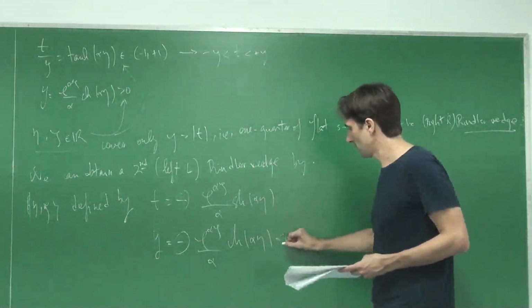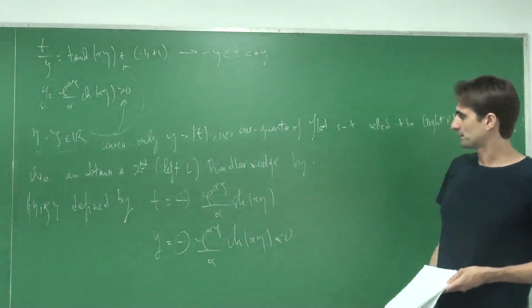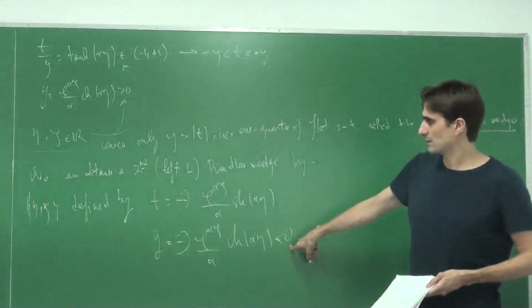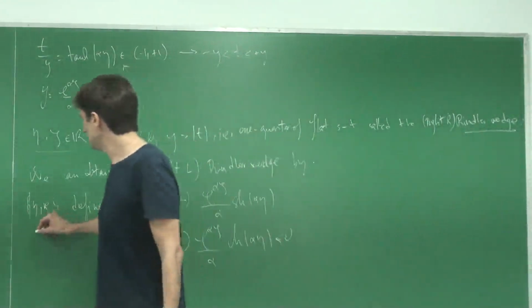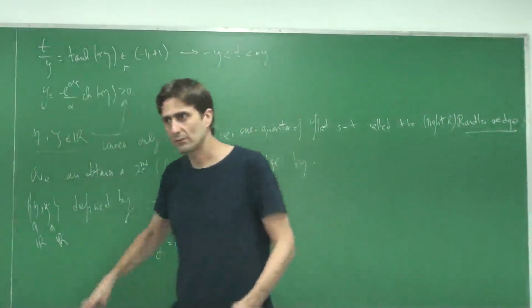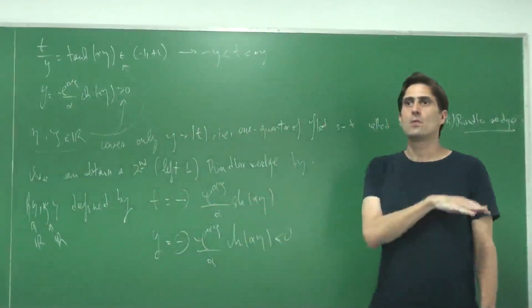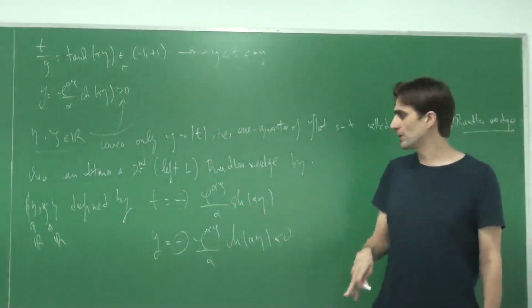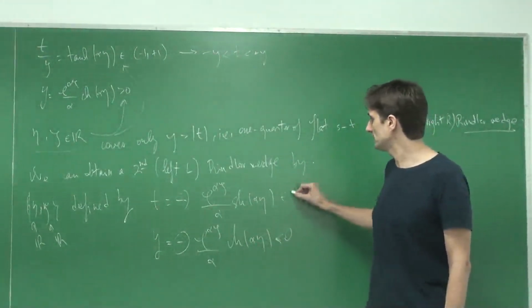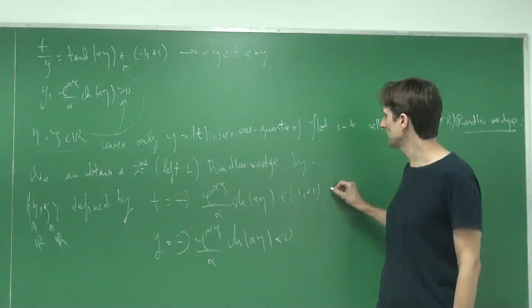Okay, and now again, eta and zeta defined in this way, whenever they go over all the real numbers, that gives you that y is negative, and again t goes between -1 and +1.